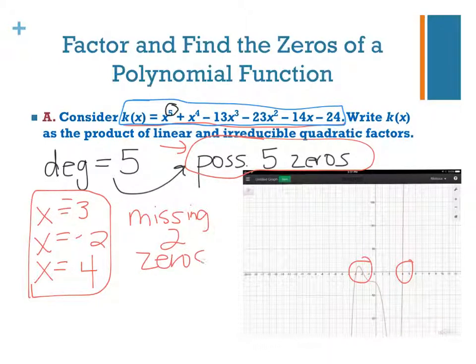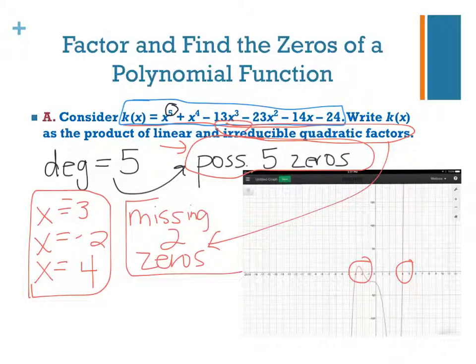And what that's telling me is that those 2 zeros are imaginary, and they come from an irreducible quadratic factor because, remember, a quadratic is degree 2. So it would make sense that if we had a quadratic factor, that quadratic factor would produce these missing two zeros. On the next slide, I'm going to continue our factorization of this polynomial.